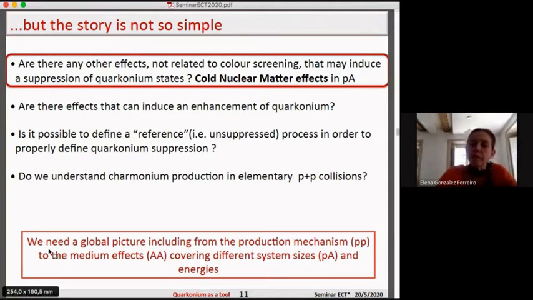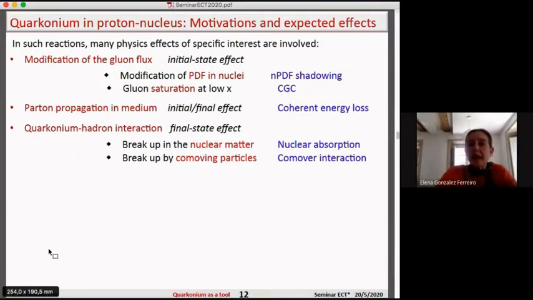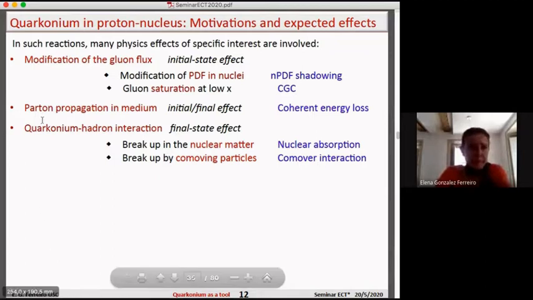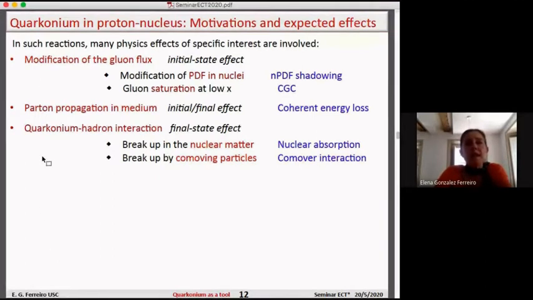So, in that way, you could study other effects that are not specific to quark gluon plasma that can also produce a suppression of the quarkonium. The main effect that I am going to mention first is the modification of the nuclear parton distribution functions in the nuclei.